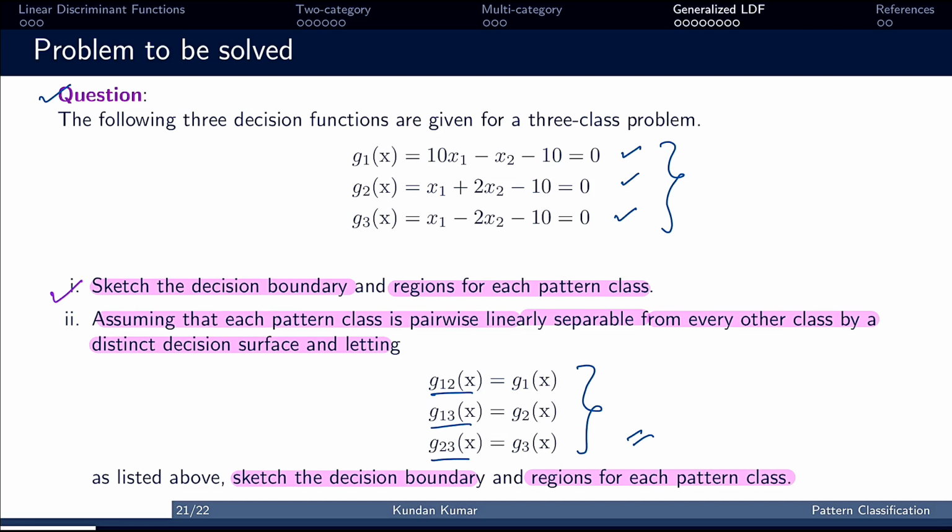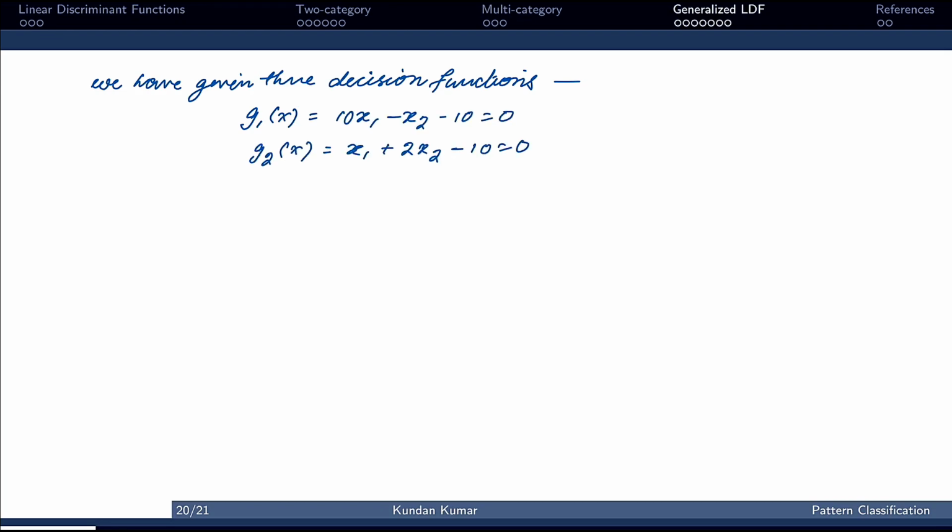Here it is not mentioned whether this is case 1, 2 or 3, but from here we can conclude that each pattern class is separable from all other classes by a single decision surface.